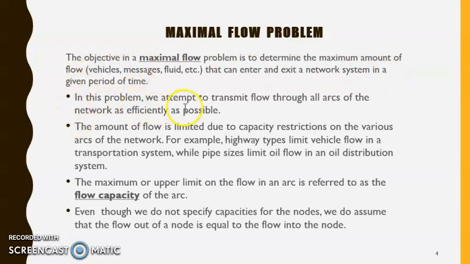In this problem, we attempt to transmit flow through all arcs of the network as efficiently as possible. And what will happen in this situation? Of course, you will come to some situation where you say some of the roads are of no value, some of the arcs are of no value, some of the links are not needed.